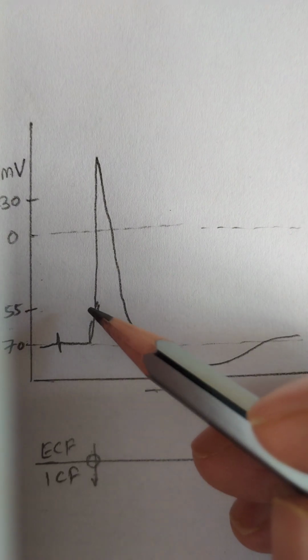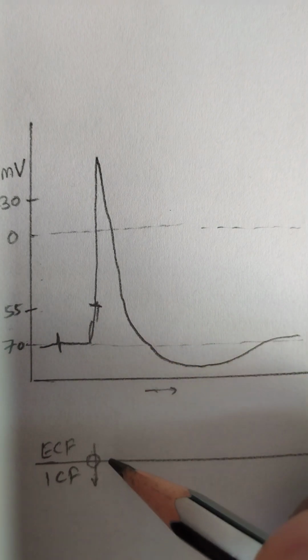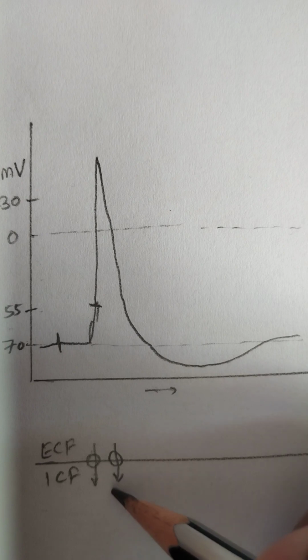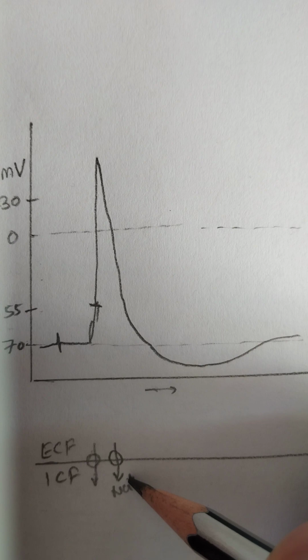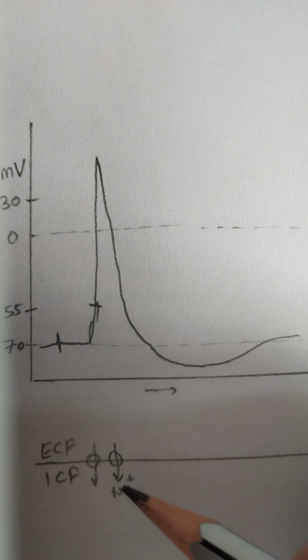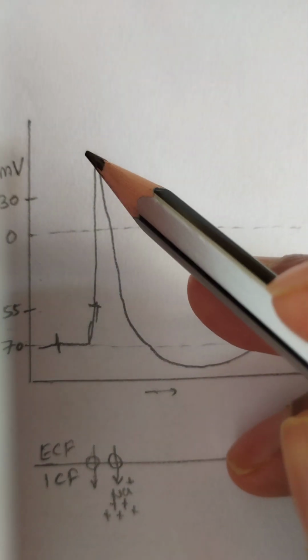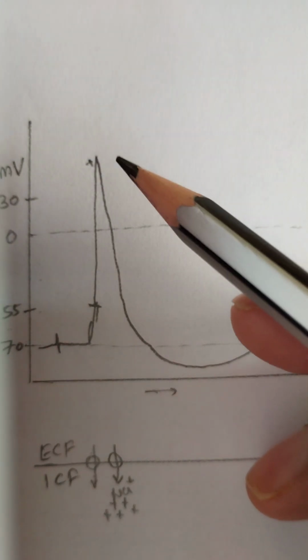And when it reaches the threshold, it leads to the opening of the voltage gated sodium channels, which causes tremendous influx of sodium, and there occurs a Hodgkin cycle, which is a positive feedback mechanism through which a large amount of sodium ions enter, and the membrane potential reaches up to plus 35 millivolts.